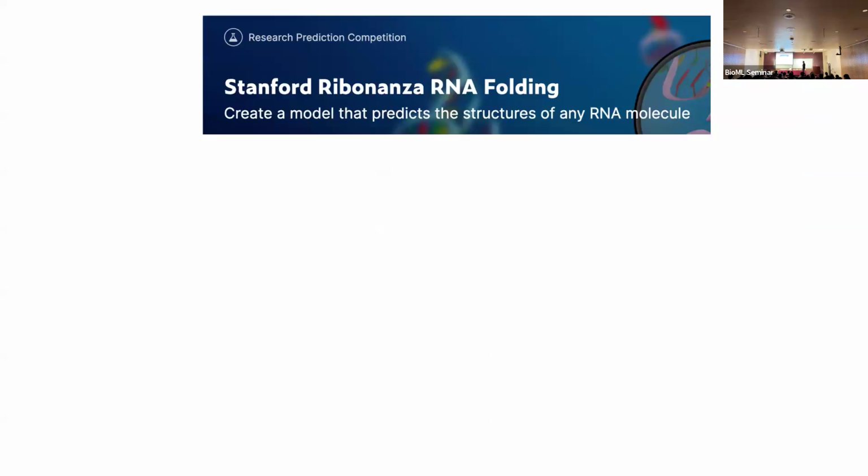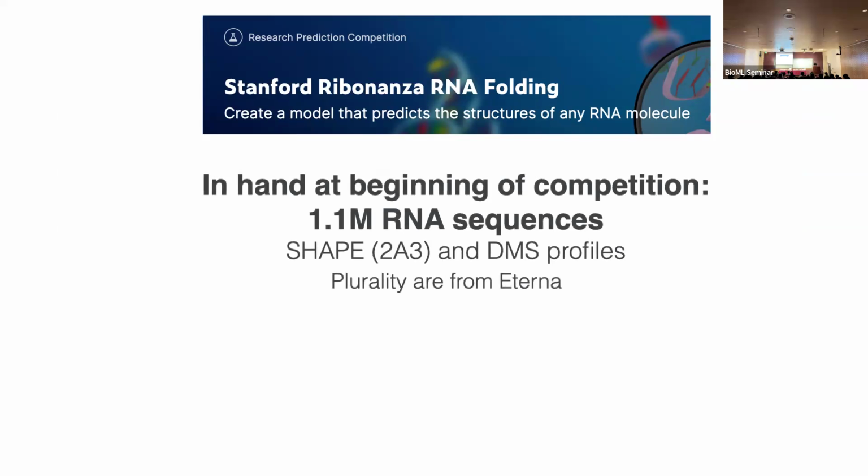This is the banner from the Kaggle competition, and we launched it last September. At the beginning of the competition, we had data on a little over 1 million RNA sequences. For the RNA aficionados, I gather there's some of you here, we used the SHAPE and DMS chemicals. We derived these from various sources, but the biggest source was the Eterna platform.